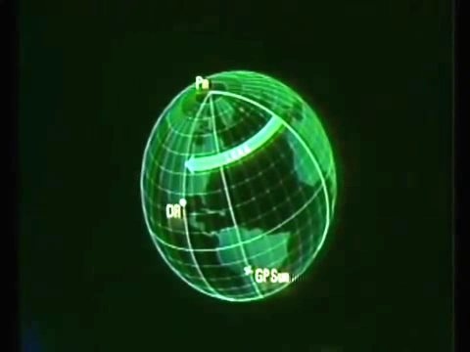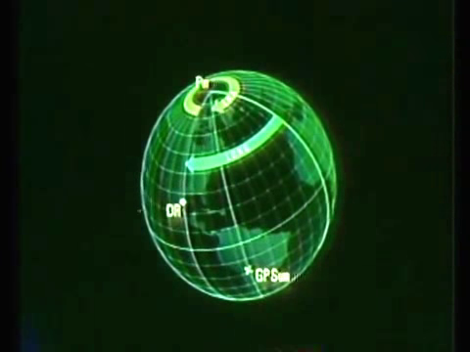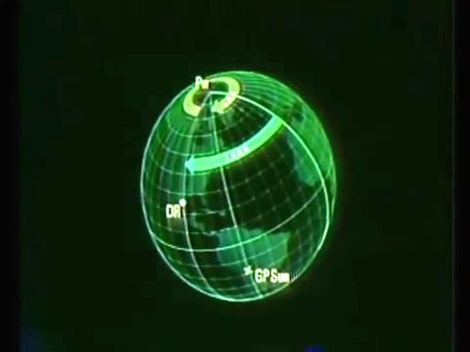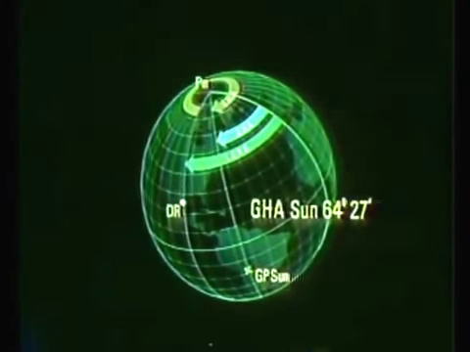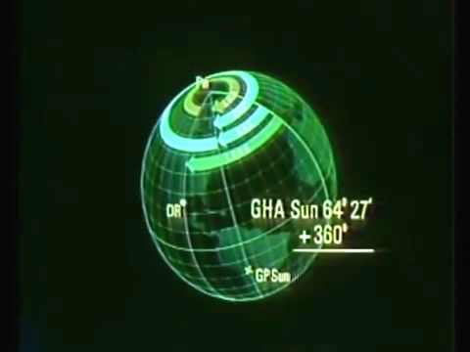Remember, figuring LHA in this situation gets a bit tricky. Since LHA is always measured westerly through 360 degrees, this is the angle you are seeking. To compute the LHA of the sun, you must first take the GHA sun and add 360 degrees. This gives you 424 degrees, 27 minutes.